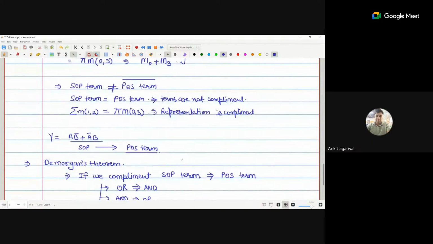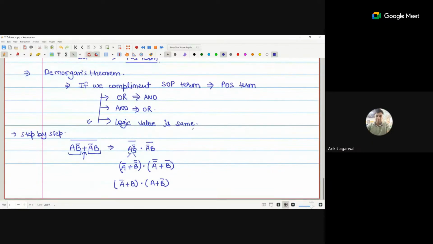So I can say A B bar plus A bar B is equal to A plus B and A bar plus B bar. Now this is the POS form.